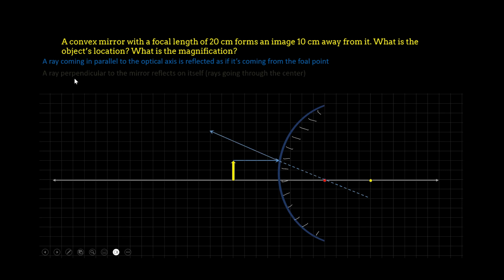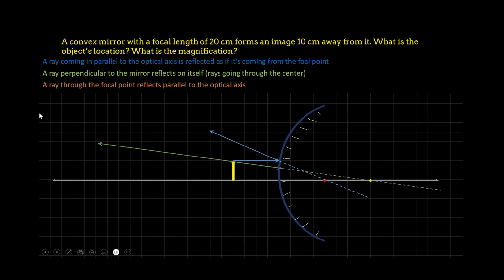There it is. The second ray, perpendicular to the mirror, reflects on itself. Again, perpendicular to the mirror, meaning if it continued, it will go through the radius, just like this. But then the mirror interrupts it, bounces it back on itself.